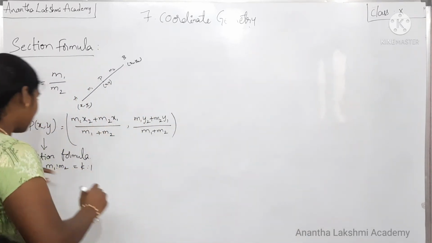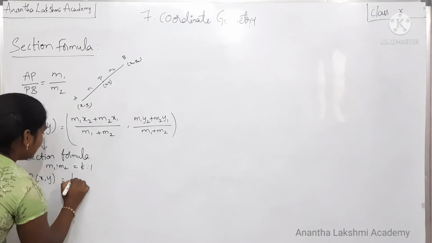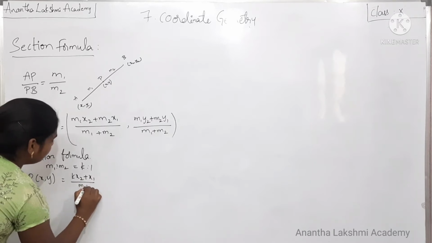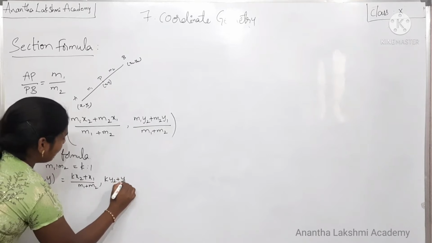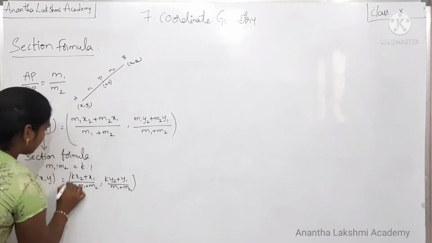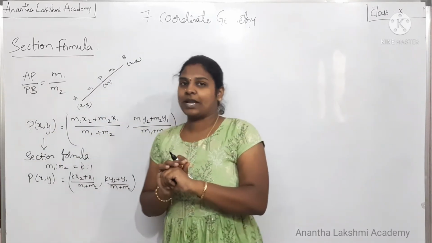So let us figure that out. P of x comma y will be kx2 plus x1 by k plus 1 comma ky2 plus y1 by k plus 1. That is when the ratio is k is to 1.